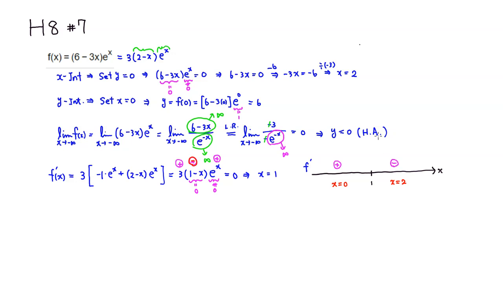So we know that for the original function f, a positive derivative means you have an increasing graph, and a negative derivative means you have a decreasing graph. So before 1 it's increasing, after 1 decreasing.